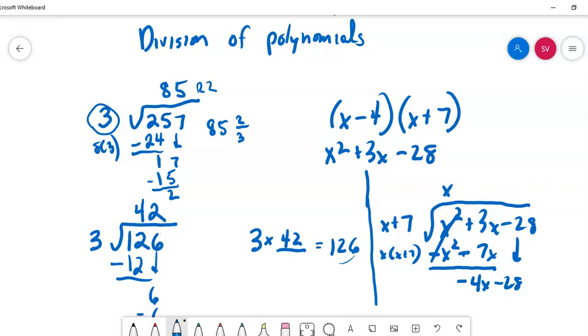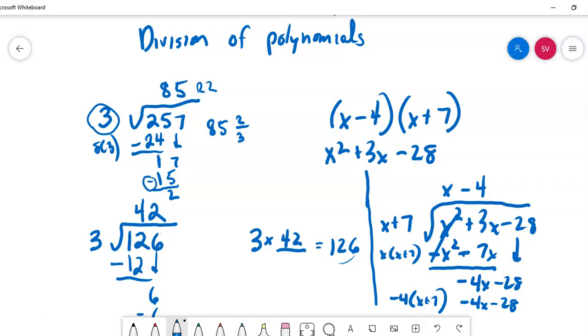So now we say x times what will give me minus 4x? Minus 4. Minus 4 times x is minus 4x. So now we take minus 4 times x plus 7 and we multiply. So it's going to be minus 4x minus 28. However, what do we have to do to our result?